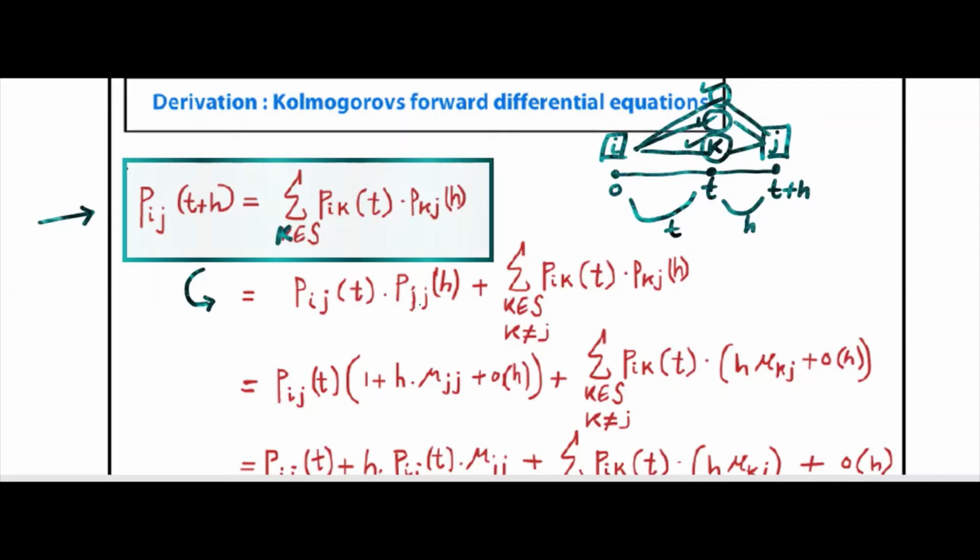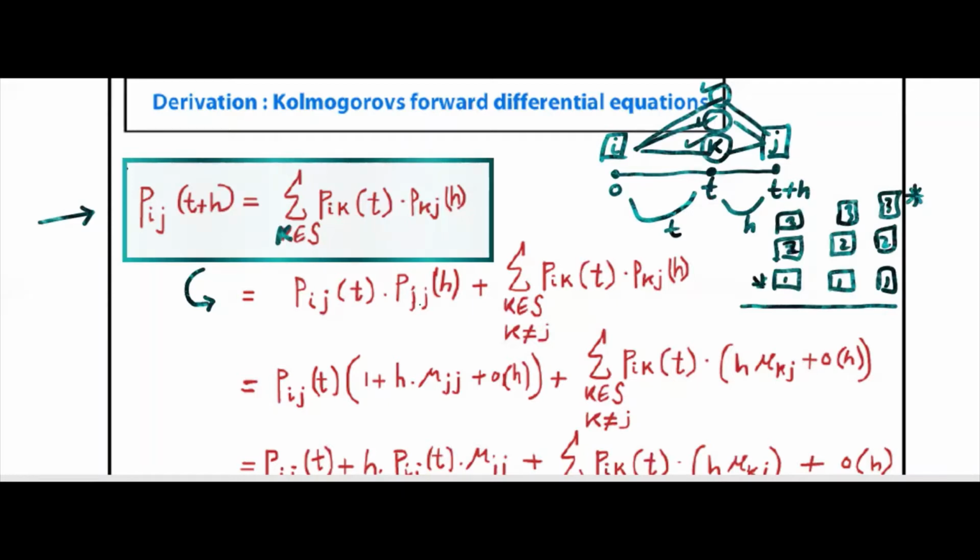Okay, suppose I write this way: 1, 2, 3. Here 1, 2, then 3, here 1, 2, 3. Suppose you want to go from 2 to 3, or suppose 1 to 3, this one and this one.